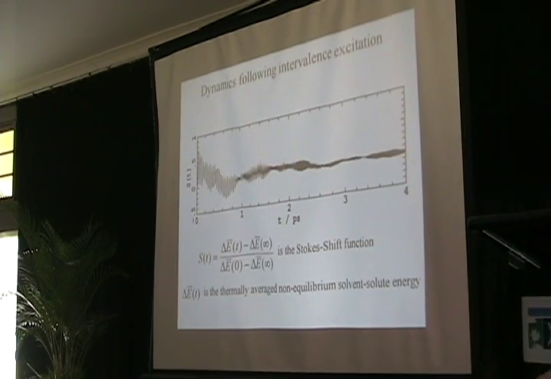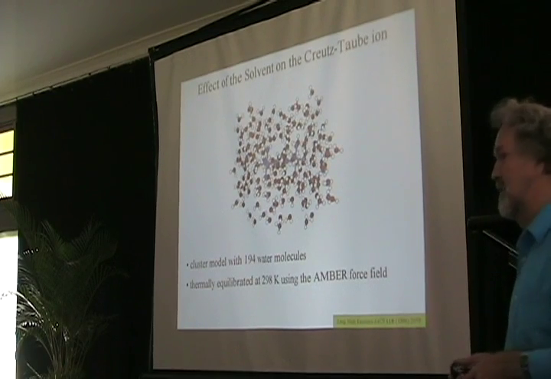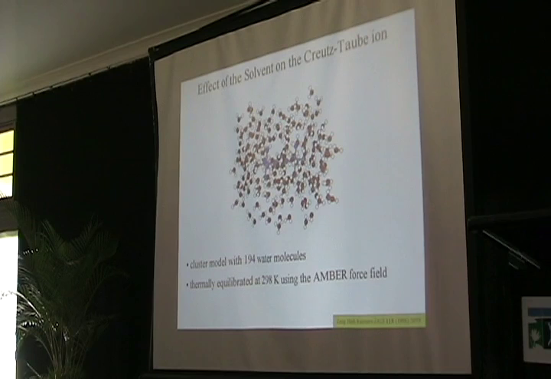And so to do that, we've tried to look at the motion of the solvent around the Creutz-Taube ion. So here's the Creutz-Taube ion in the middle, and we put 200 water molecules in a shell around it. This is a cluster, because the software I was using couldn't do periodic imaging, and I had 2 days to do this.